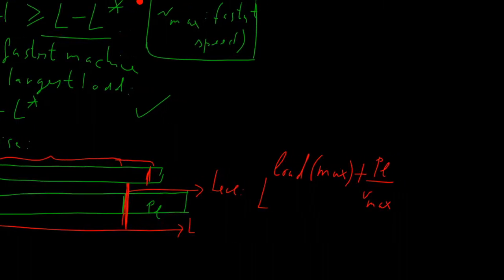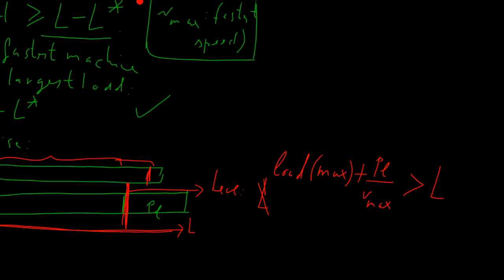and this was at least as large as L, because the load of this machine was L minus PL divided by Vmax plus PL divided by Vj, I mean.